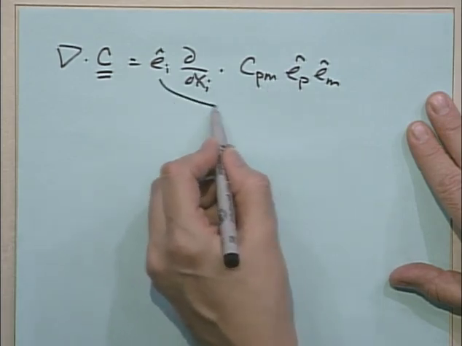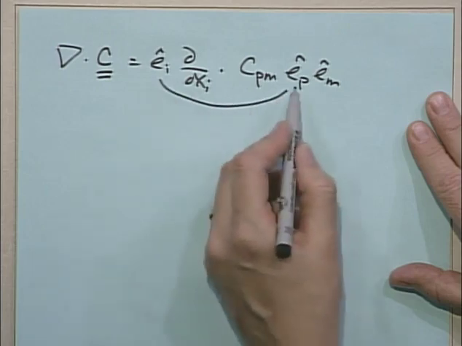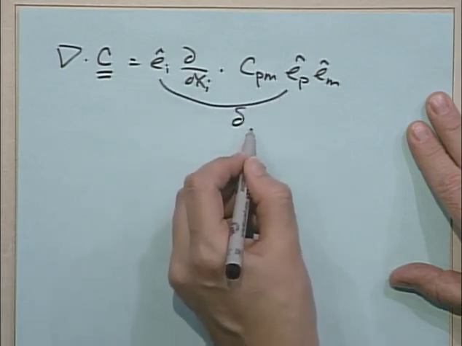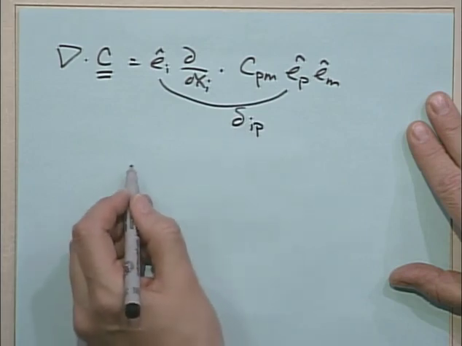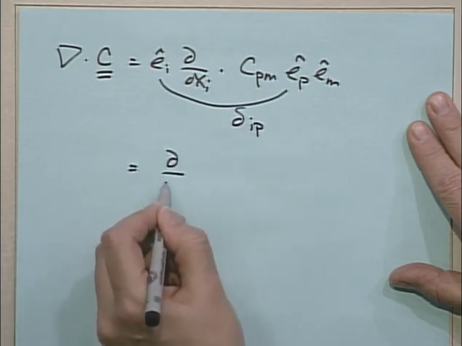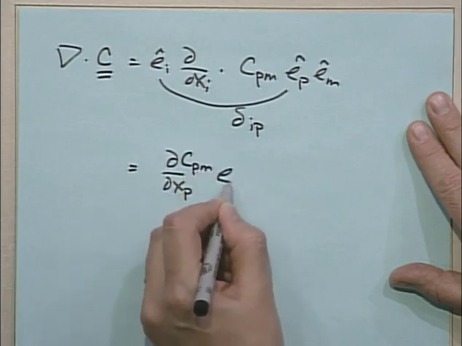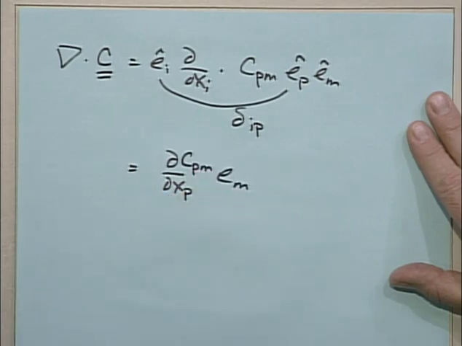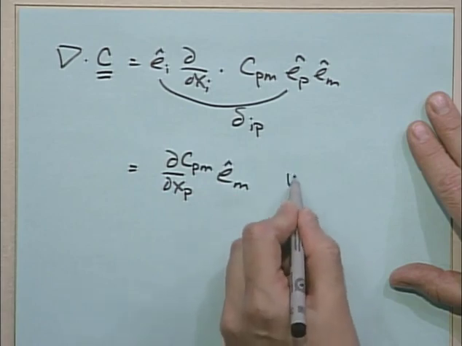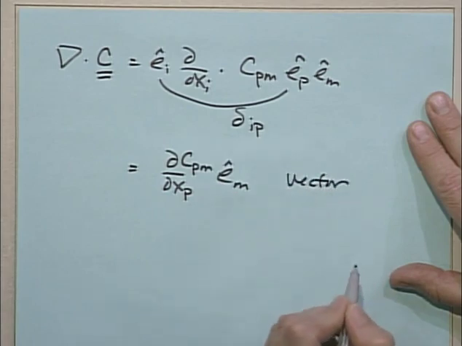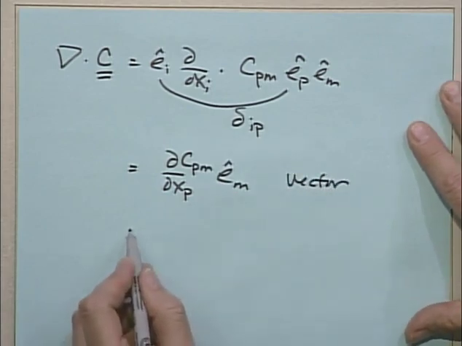And so in this dot product, it acts between the two nearest unit vectors. So this is delta IP, I becomes P, d by dxp, CPM, EM, which is in fact a vector. So that worked out. What vector is it?